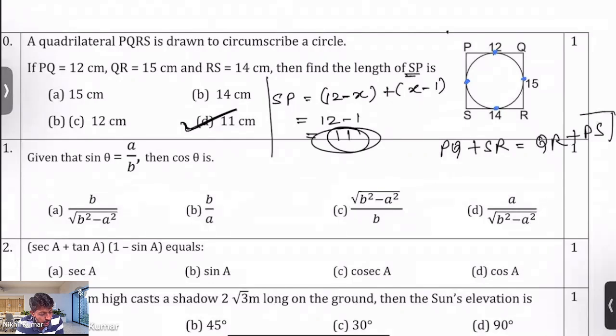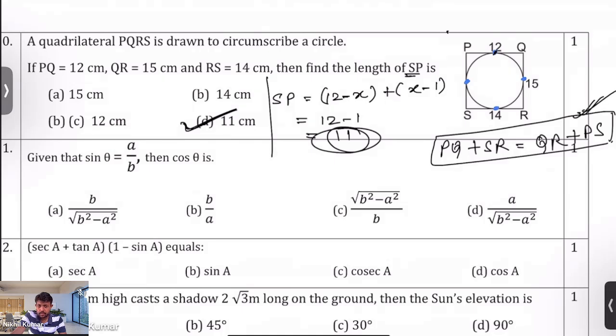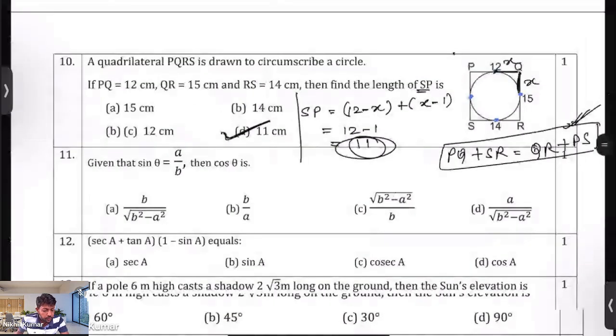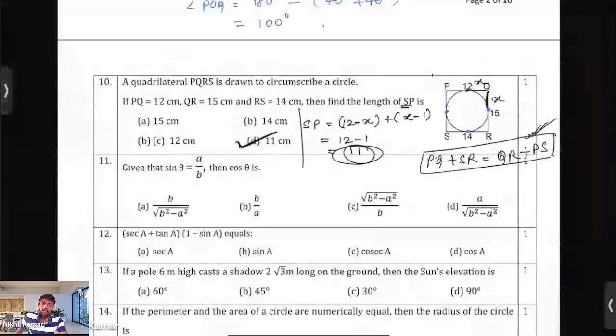You can use this relation as well to find out the answer directly. But I told you the method where you don't need to remember this result. All you need to remember is that the lengths of these two tangent lines are the same. So even if you remember just this part, you'll be able to solve the question pretty easily.